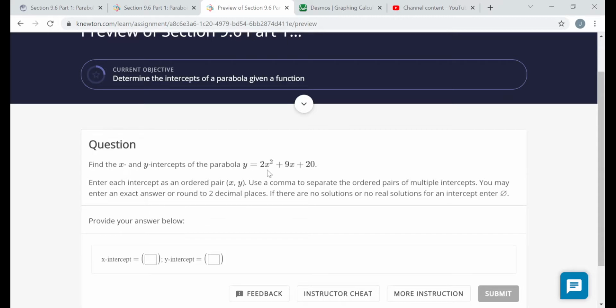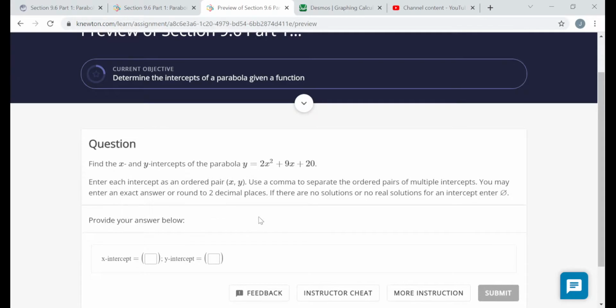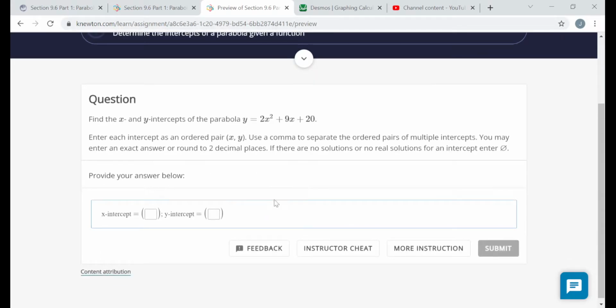Again, if it's not in that form, I'm going to put it in that form. Y equals ax squared plus bx plus c. And this time I'm just going to straight up find the intercepts, and then punch them in. We can do graphs and whatnot, but I'm just going to go about finding the intercepts right from the get-go without graphing.